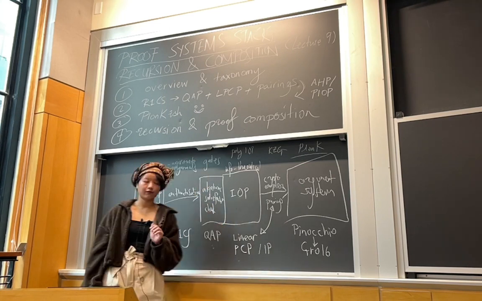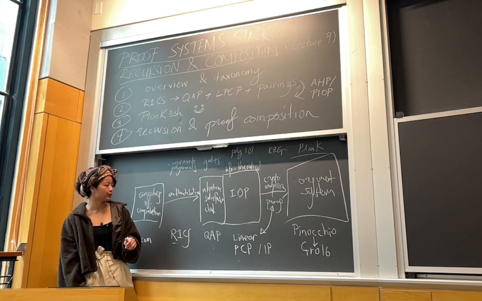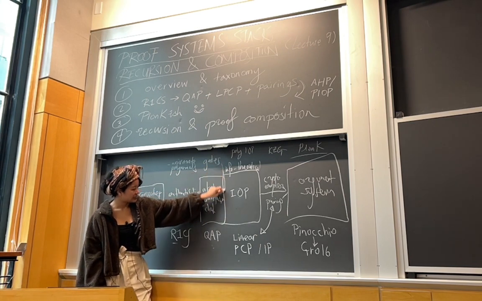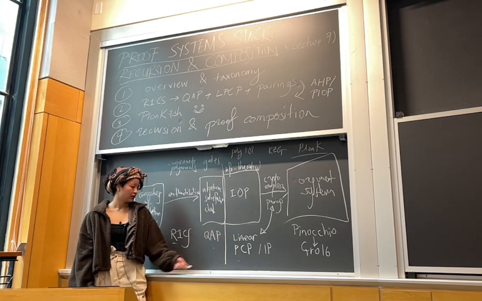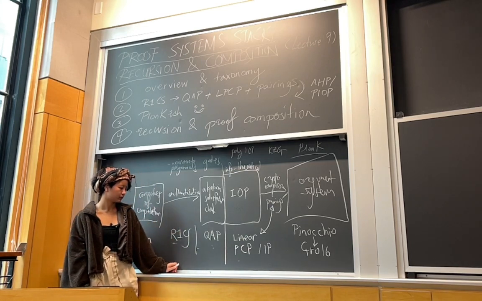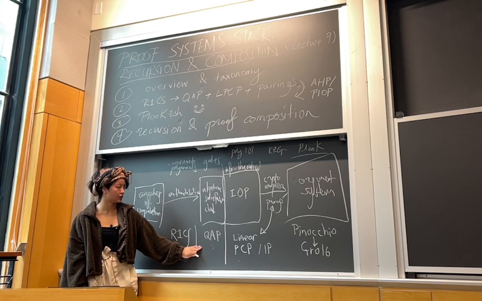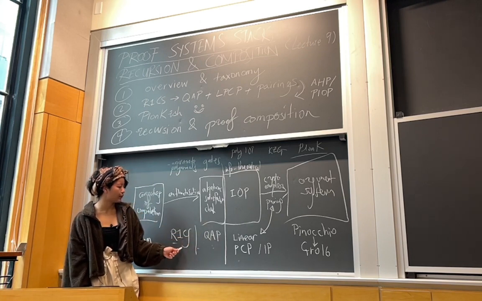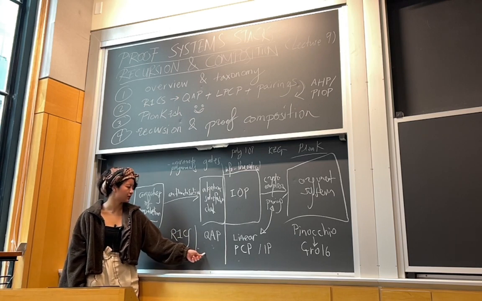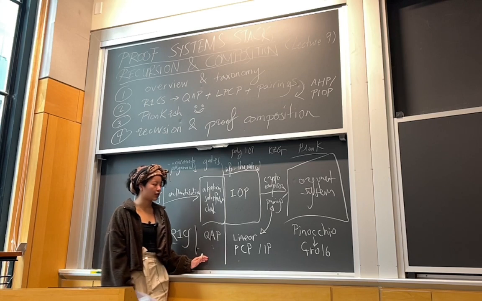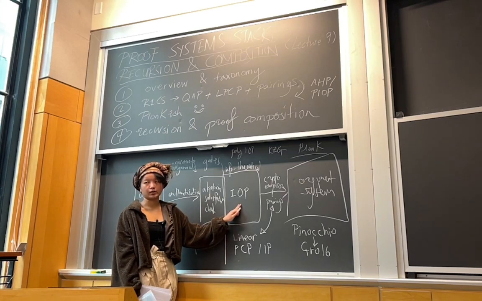And later on, in fact, we'll see that some proof systems sort of cut it off here, right? Or even here. They cut it off at the R1CS. And they use some other way to convert the R1CS to a series of low-degree polynomials. And from there, they then instantiate a polynomial IOP to check it.